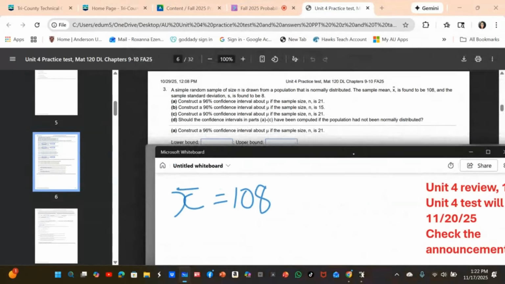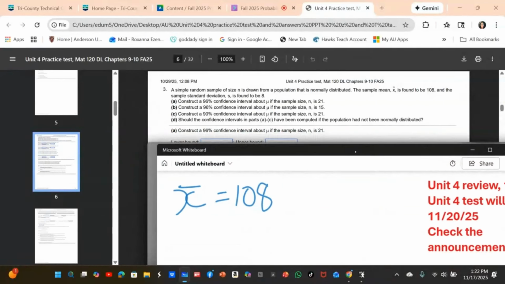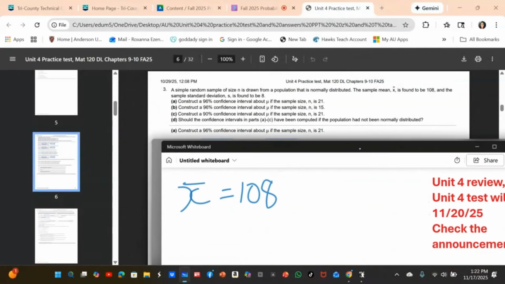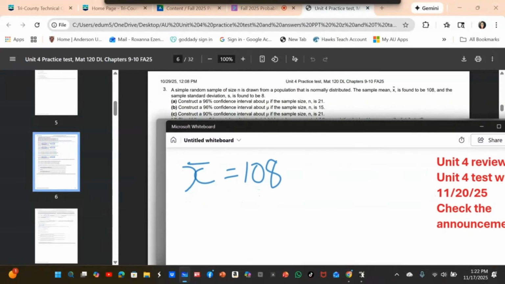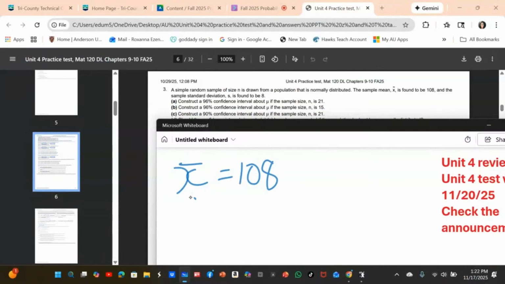The sample standard deviation is found to be 8. So this is going to be a t confidence interval because we are only given the sample standard deviation.